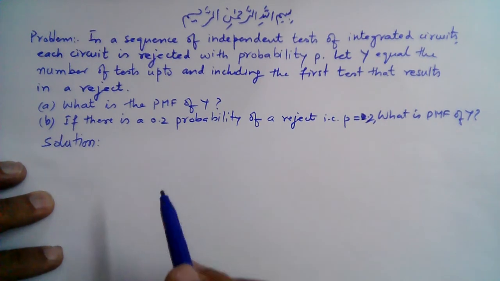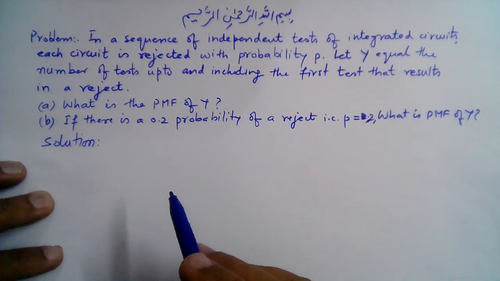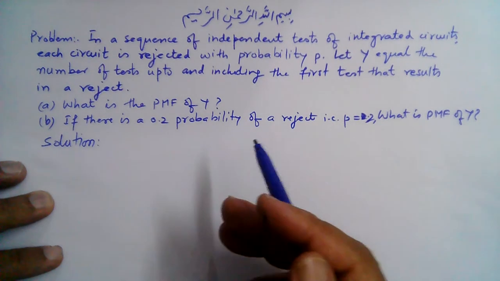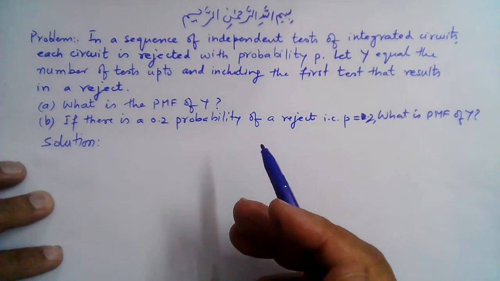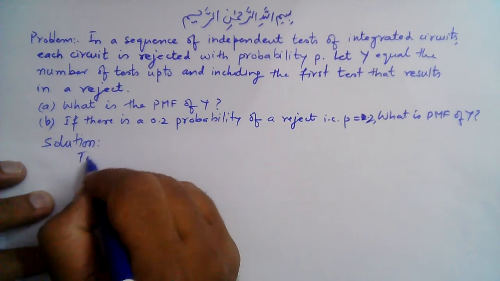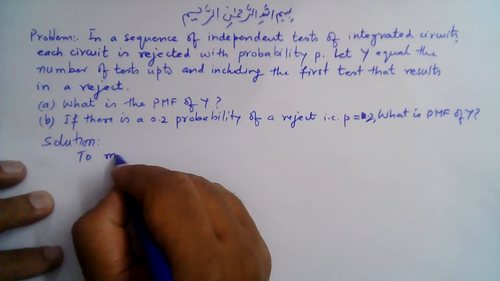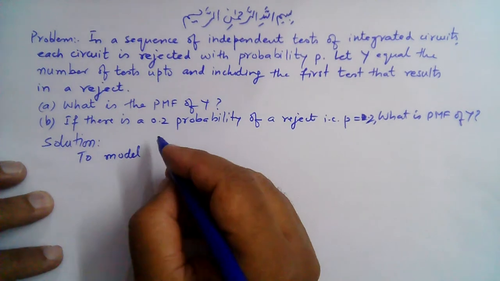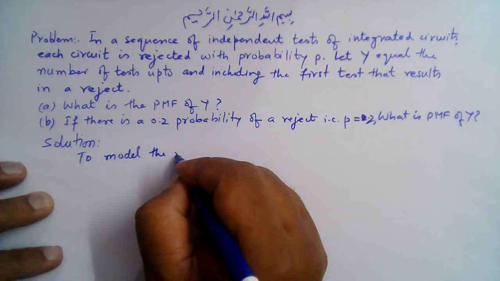So to model the number of trials up to and including a first success, we use geometric distribution, right?